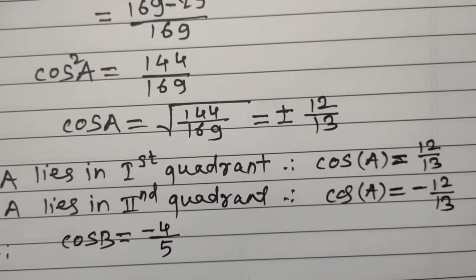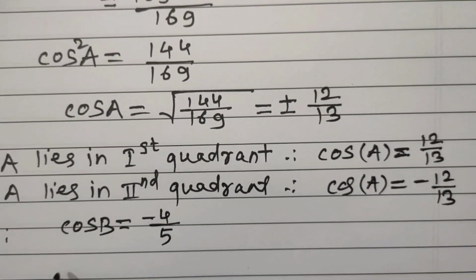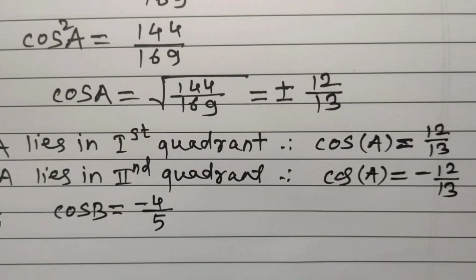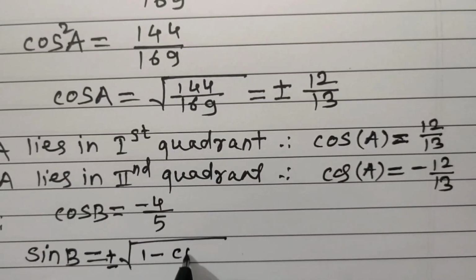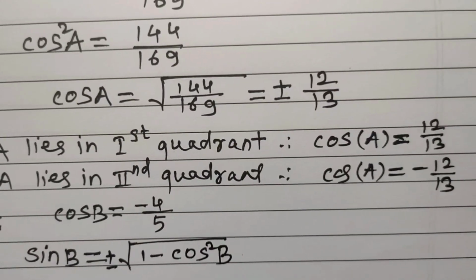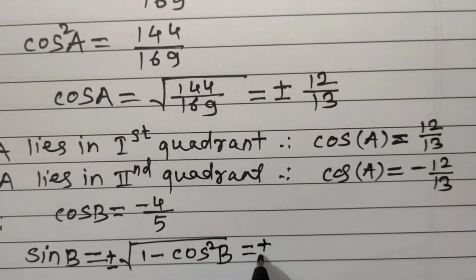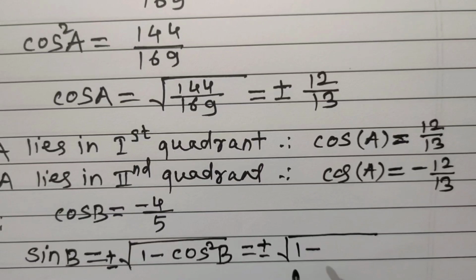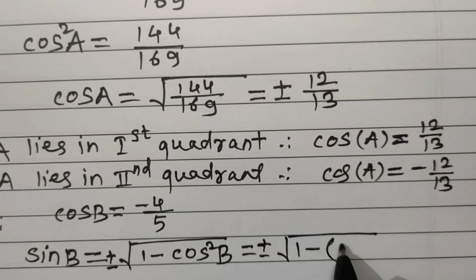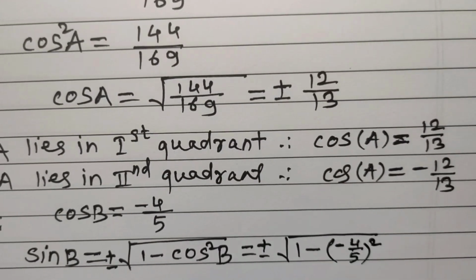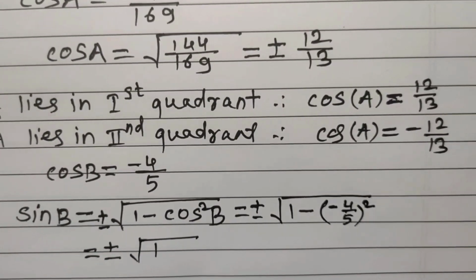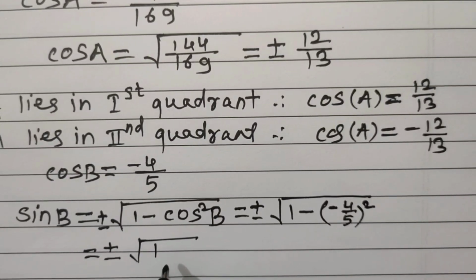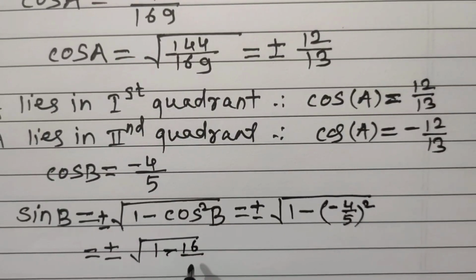Let us find sin B. Using the trigonometrical identity, sin B is equal to plus or minus square root of 1 minus cos square B. This is equal to plus or minus square root of 1 minus, cos B is minus 4 upon 5, squared, which is plus or minus square root of 1 minus 16 divided by 25.